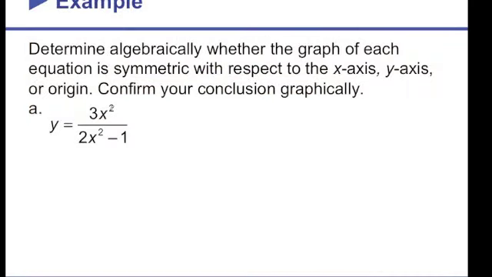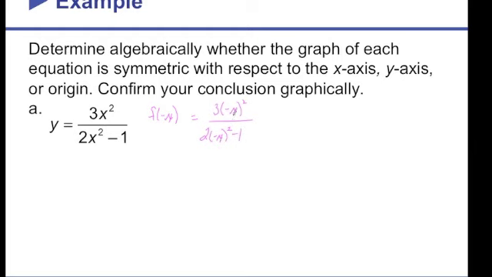Now we're going to determine algebraically whether the graph of this is symmetric to the x-axis, the y-axis, or the origin. What I want to do is find f of negative x. So wherever there's an x, I fill in a negative x. So f of negative x becomes 3 times negative x squared over 2 times negative x quantity squared minus 1.